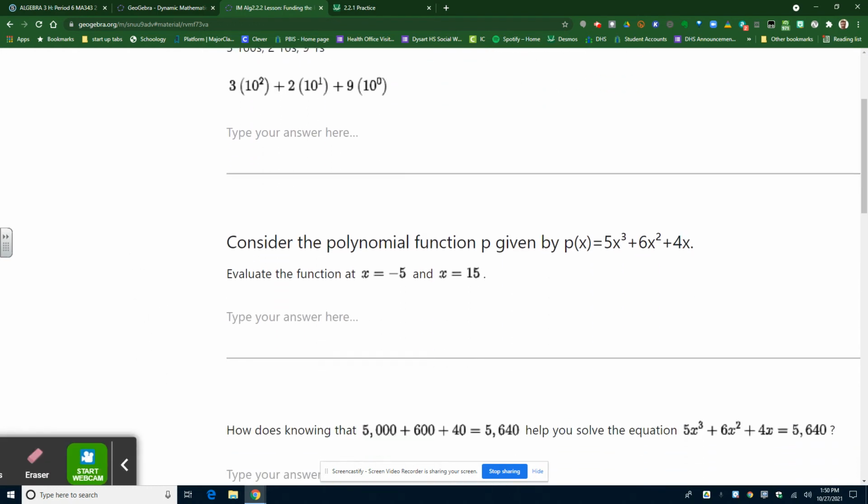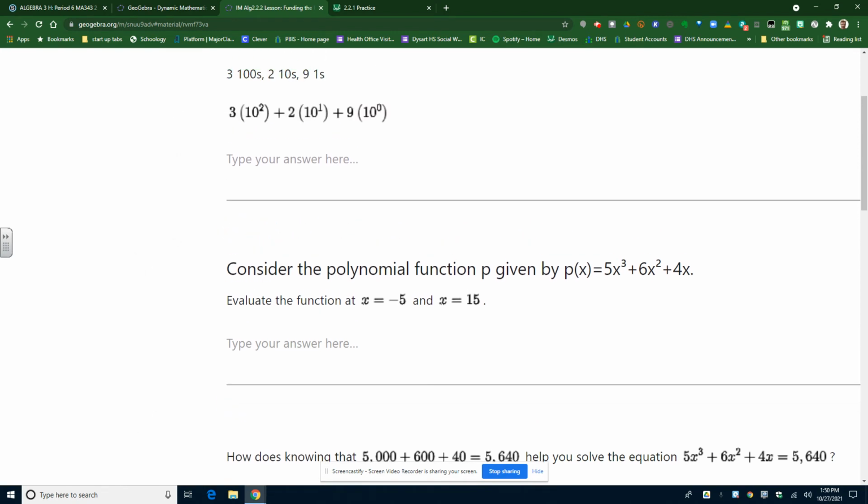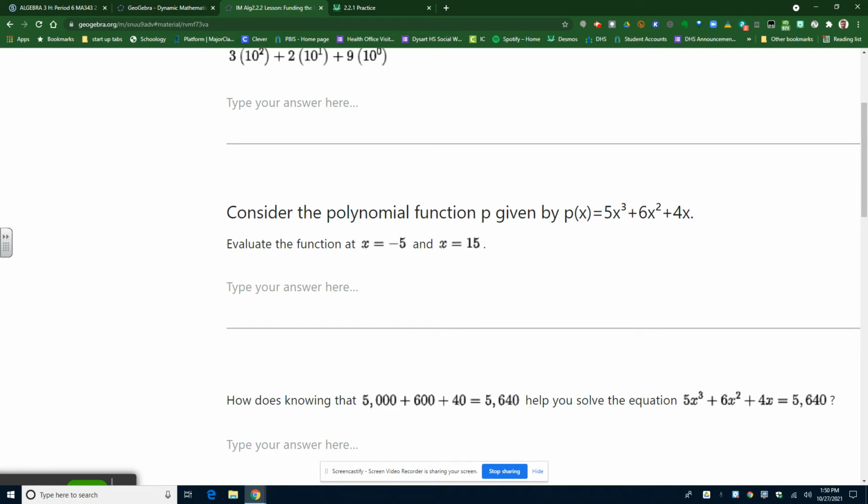Okay? All right. So now, using that idea, we're going to create things called polynomials. We're going to have a more formal discussion about polynomials over the next few days. But today, just trust me, that is a polynomial: 5x cubed plus 6x squared plus 4x. If I want to evaluate these at two different places, what tool do you think would work really well?